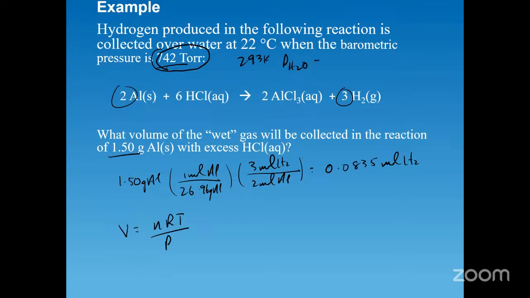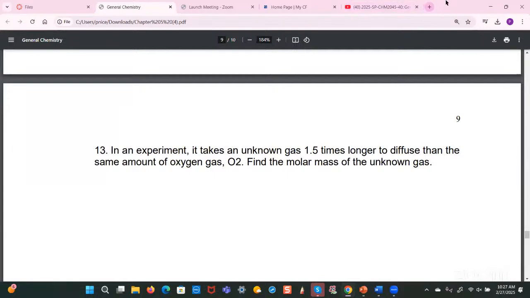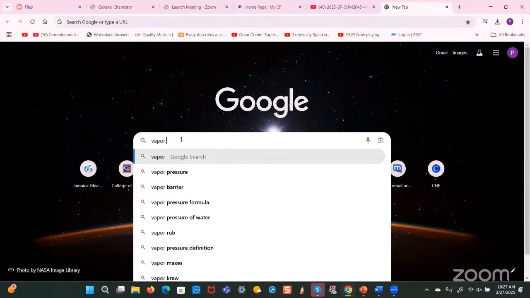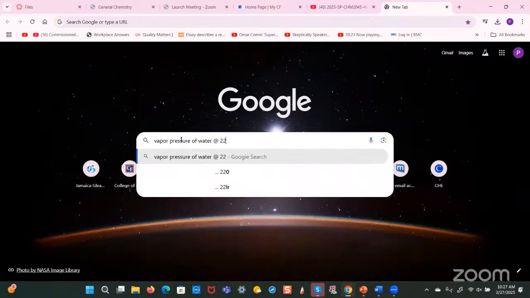Now, unfortunately, that is not provided in this question. It should be provided. But what I'm going to do is do a Google search to see what is the vapor pressure of water at 22 degrees. So let me go here. Vapor pressure of water at 22 degrees.